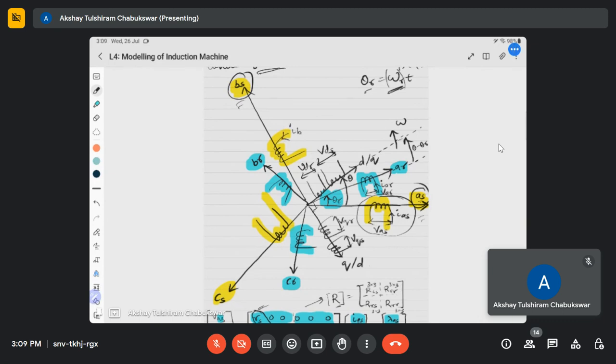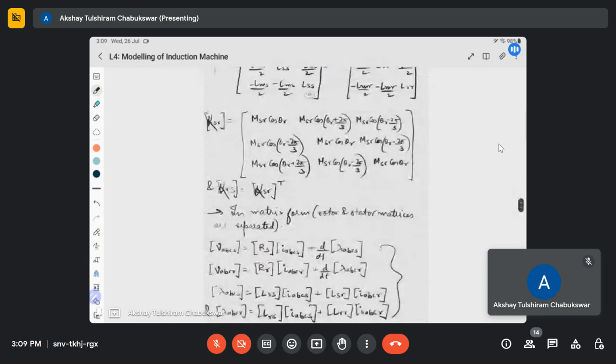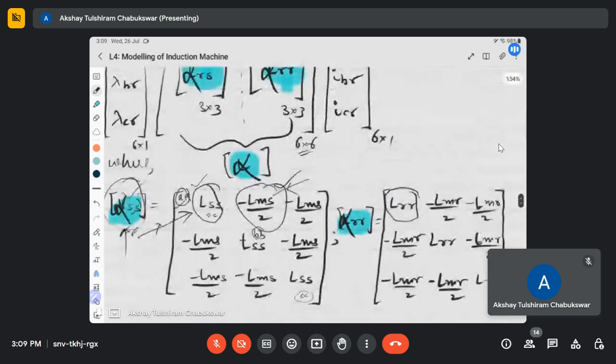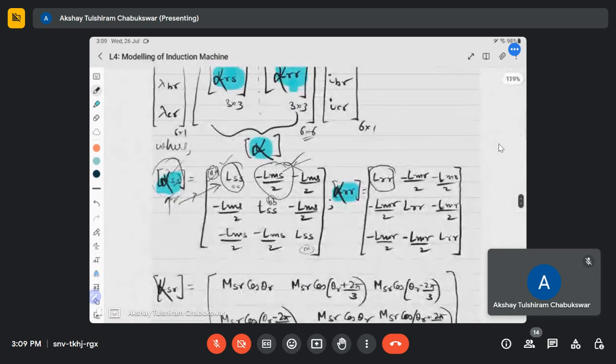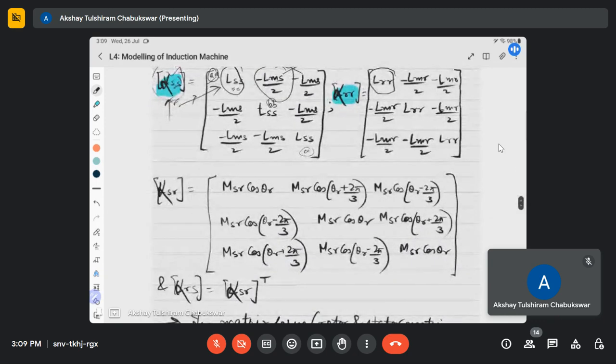This is IBS, this is IAS, this is ICS. So LMS is defined as the mutual term, but mutual between stator and stator only. This is not the mutual term between stator and rotor. That we will see only in the lambda SR and lambda RS matrices.